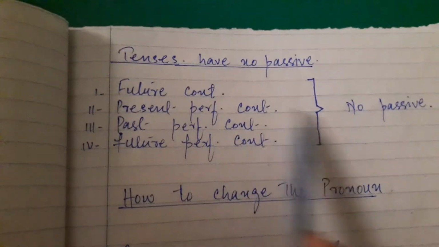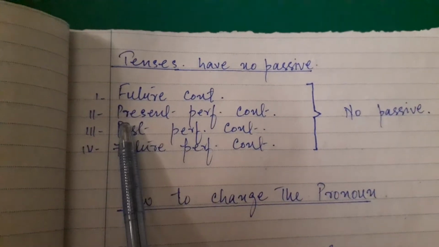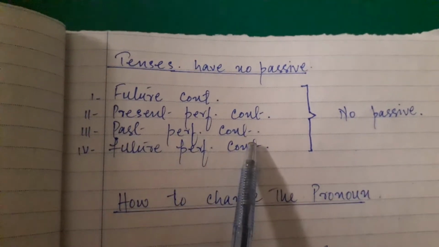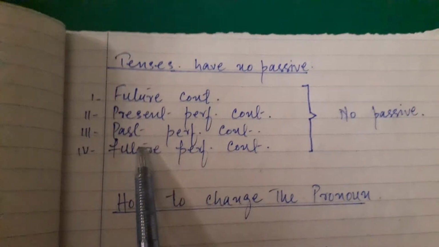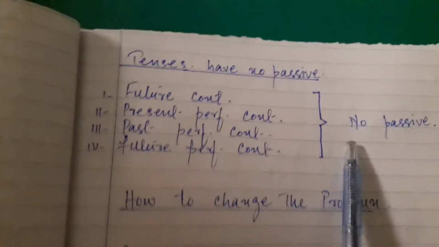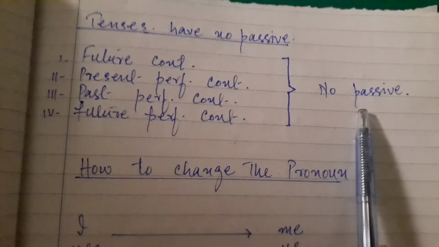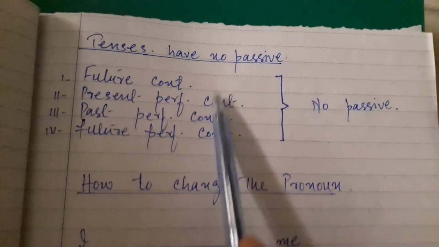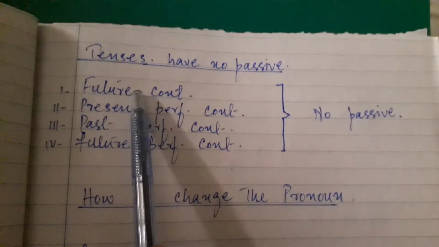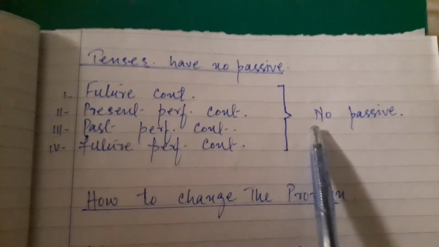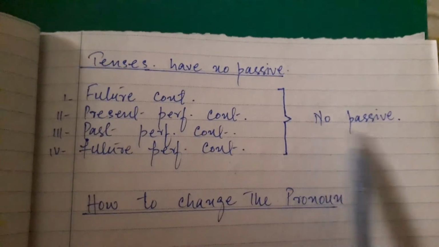Future continuous has no passive voice. Present perfect continuous, past perfect continuous, future perfect continuous: all these 3 perfect continuous cannot be converted into passive voice. So if you have sentences of these 4 tenses, your answer will simply be no passive.